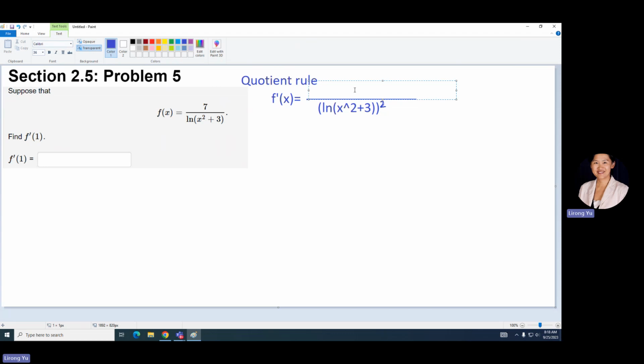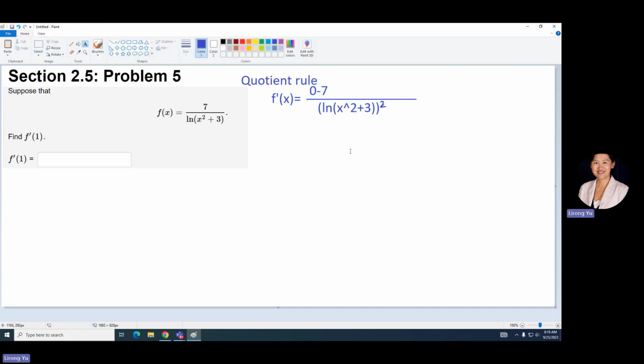So in the numerator of the quotient rule, it's supposed to be low d high minus high d low. When you multiply the denominator by the derivative of the numerator, it's 0. So 0 minus high d low. High is the numerator, which is the 7, times the derivative of the denominator. It's a logarithm that we're defining.